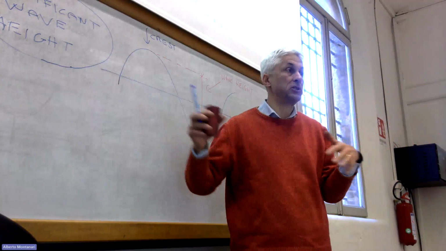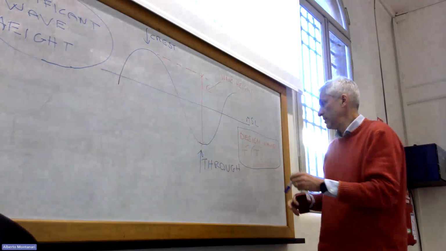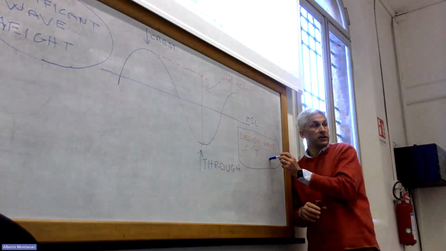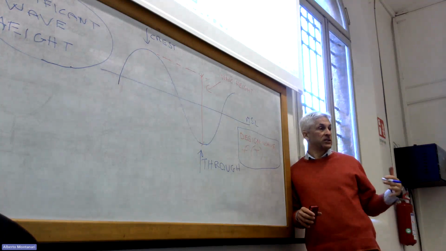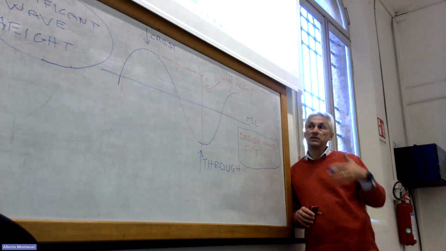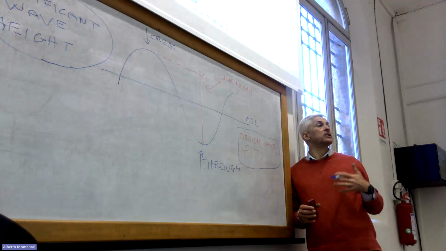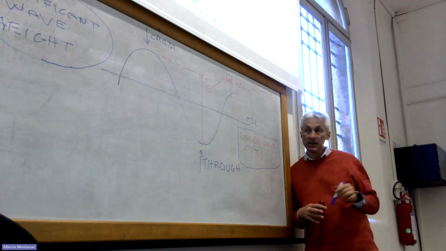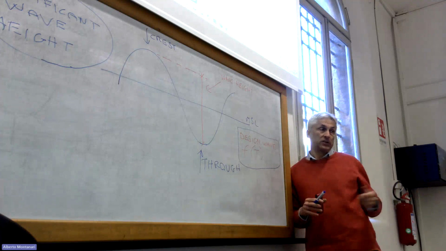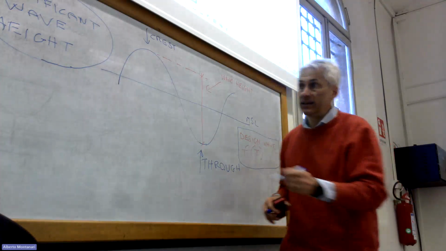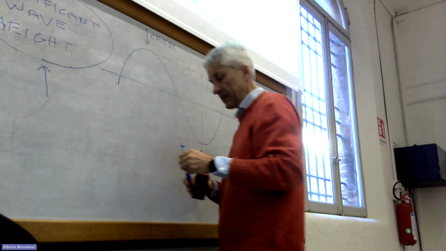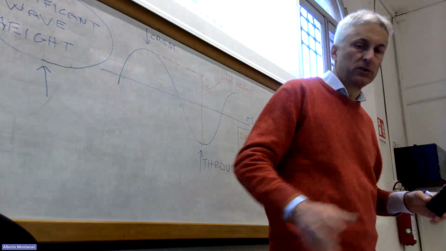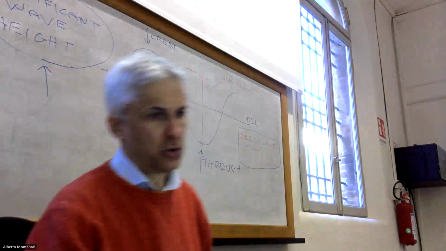So sometimes it is used to mean the design wave for a given return period. So you may find some references saying estimate the significant wave height for a given return period. Okay, but you may find other references providing a more rigorous definition of the significant wave height. And what is this more rigorous definition? Let me just show you.